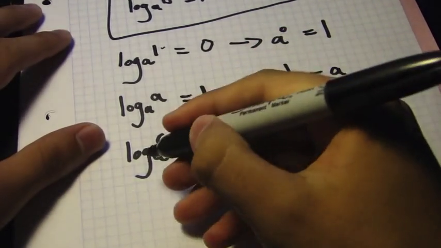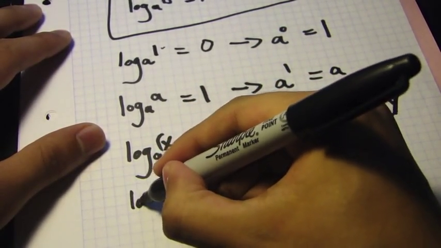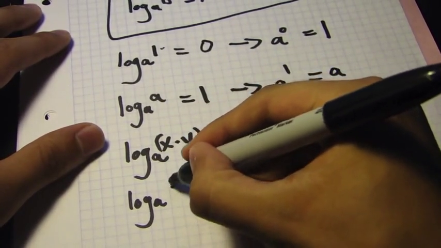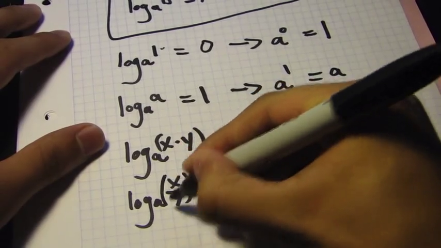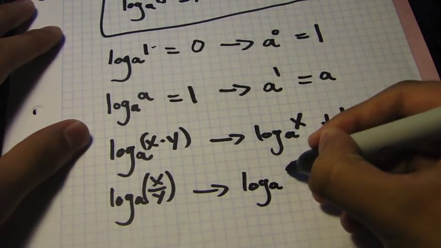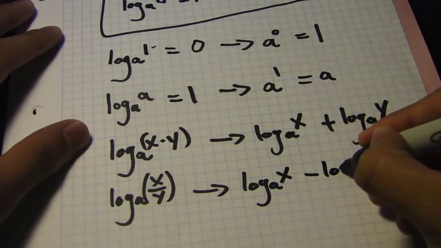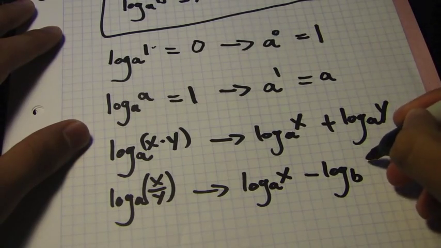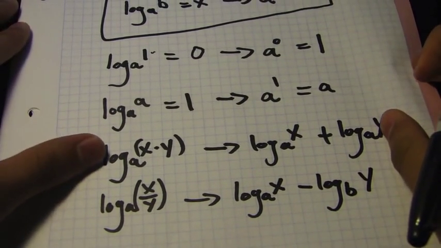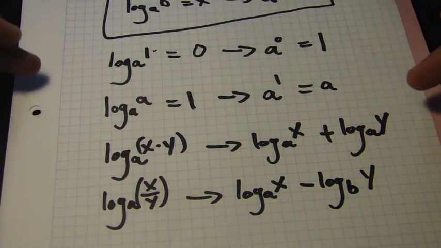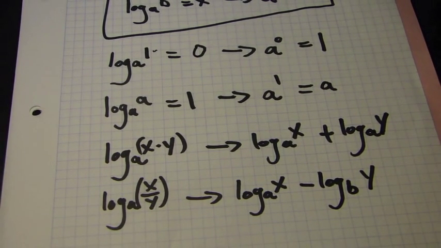Same for division, instead of addition you change it into subtraction. So log base a of x over y equals log base a x minus log base a y. So these 4 rules are basically the main rules that you need to know.